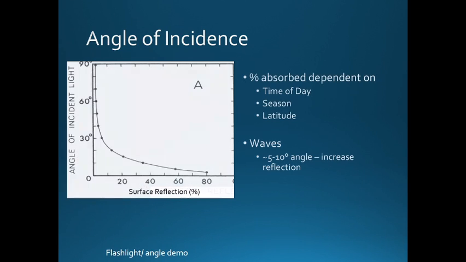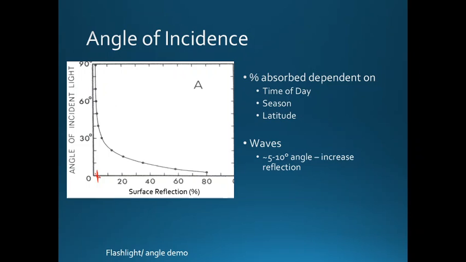Okay, and so when you look at this graph, we see surface reflection on the x-axis and the angle of incident light. I feel like this graph should be flipped, but essentially, when you have light at 90 degrees to the surface of the water, think about a bowl of water with a flashlight directly above it, pretty much none of it is reflected at all.